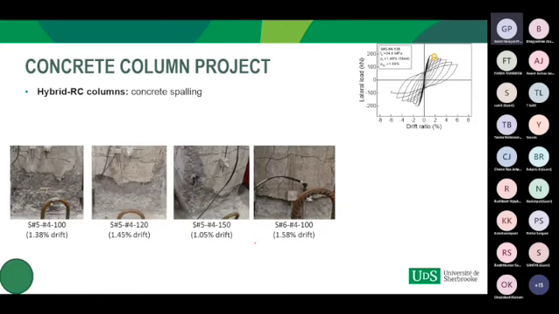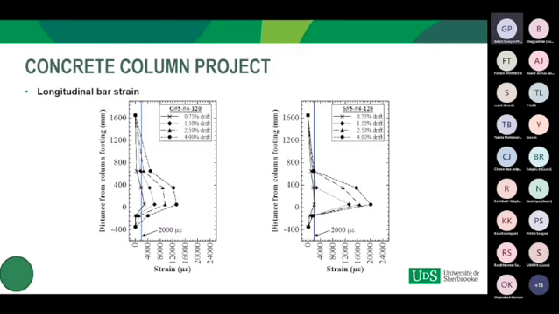This was followed by the concrete cover spalling, and this difference in the failure progression of the hybrid and the glass fiber reinforced polymer reinforced concrete column was because in the hybrid reinforced concrete column, the longitudinal steel strains along the column height were more localized than the strain developed in the longitudinal GFRP bars in the GFRP reinforced concrete column.